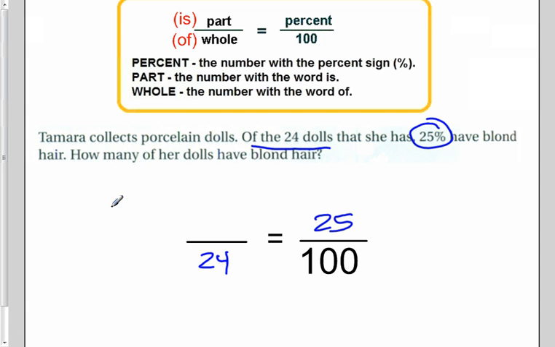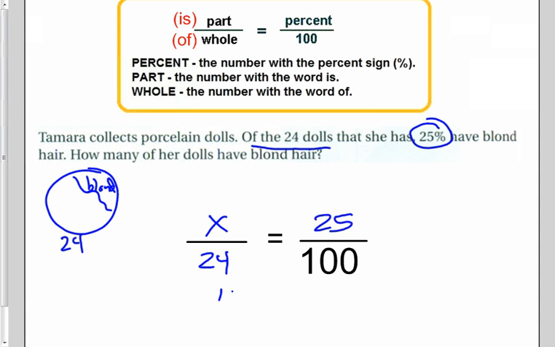So her total collection of dolls is 24 dolls, if you want to think of this as your whole. And then some of those have blonde hair, but not all of them. So that is our part. So let's go ahead and solve and see how many out of 24 is equal to 25 out of 100.